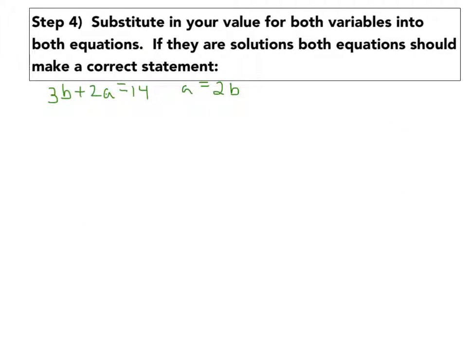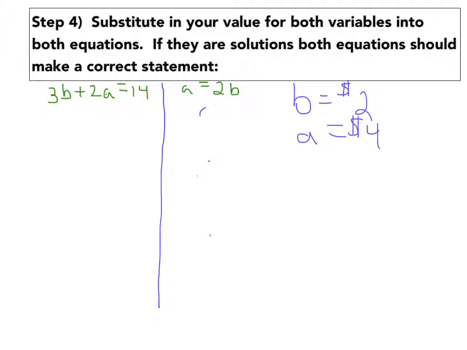Okay. So lastly, step 4 says substitute in your value for variables into both equations. If they are solutions, both equations should make a correct statement. So we said that the blueberries equal $2 and the apple equals $4. Let's plug them in. Okay, the first equation is 3b plus 2a equals 14.